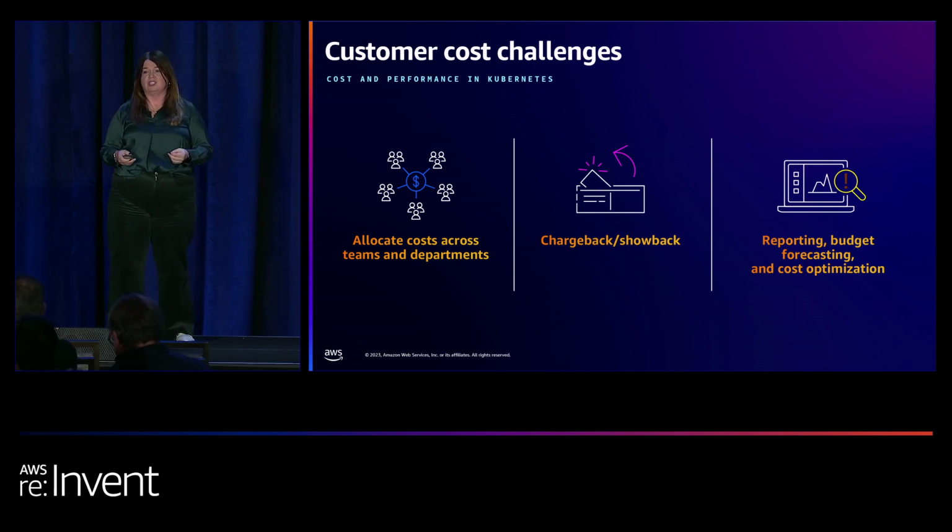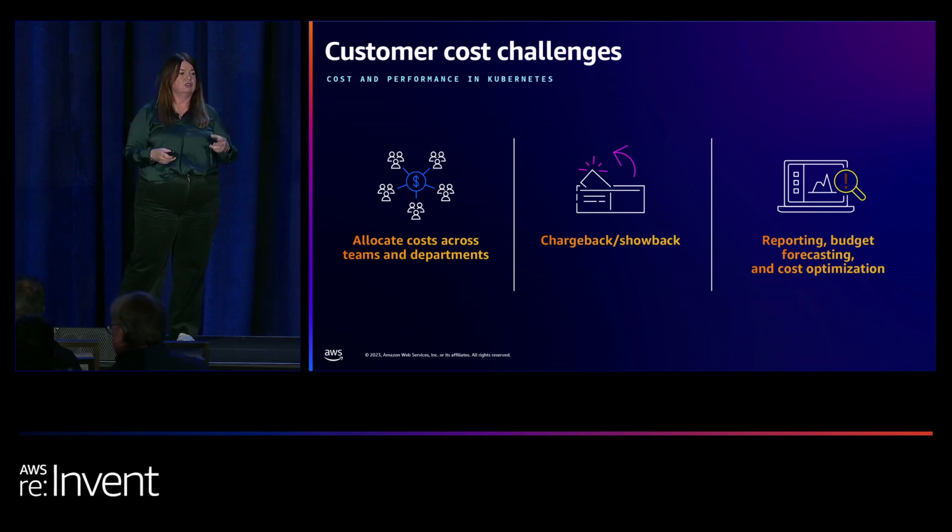Or maybe you're actually running a multi-tenant cluster for your customers, and you need to charge those customers the right amount for the resources they're using. So you're doing chargeback or showback, and most likely you want to be doing reporting, budget forecasting, cost optimization.